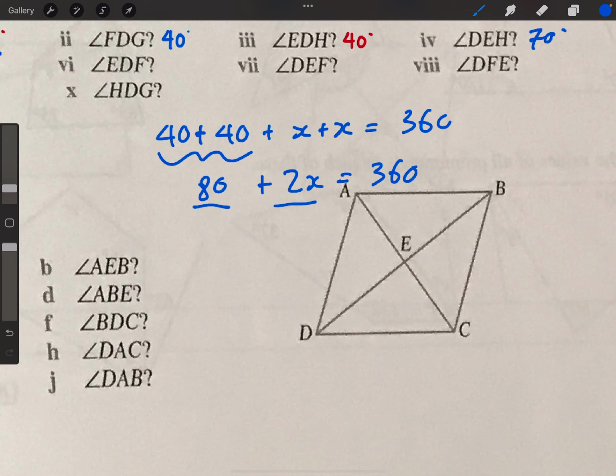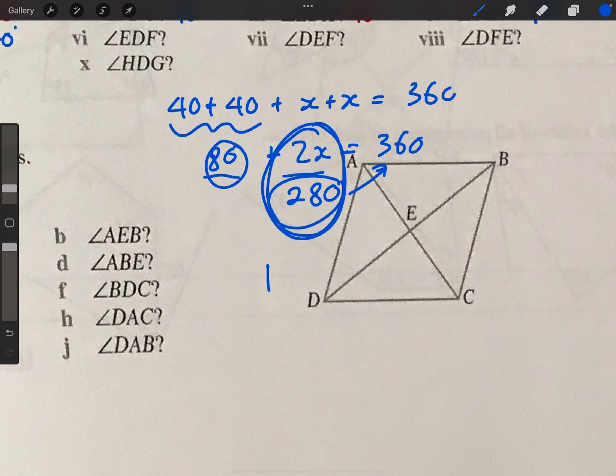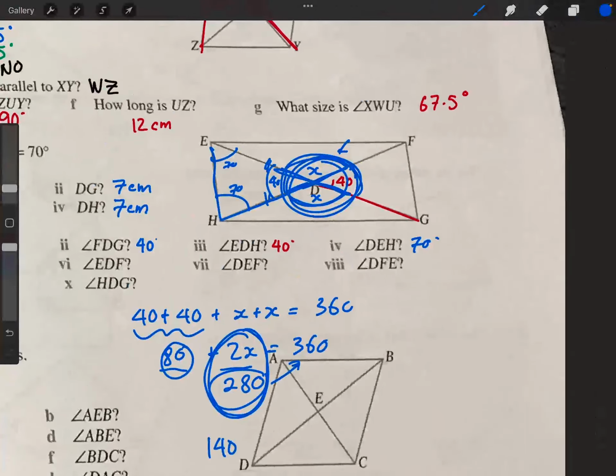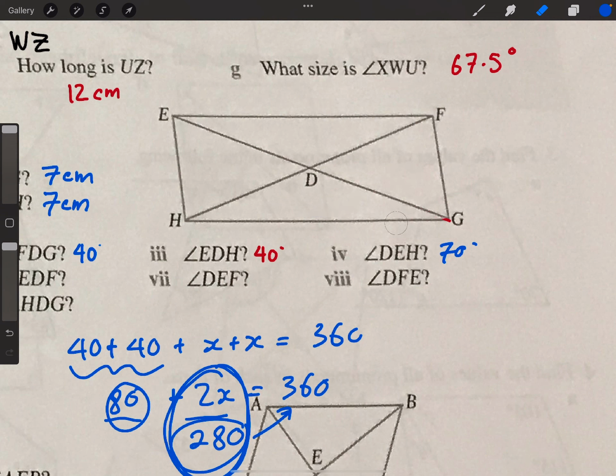360, 80 plus what gives me 360? Well, it must be 280 degrees. 80 plus 280 must equal 360. So 2 lots of X will make 280, which means X, we divide 280 by 2, you get 140. Now, that was a complicated thing to do.